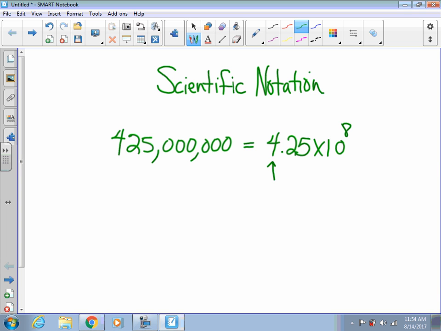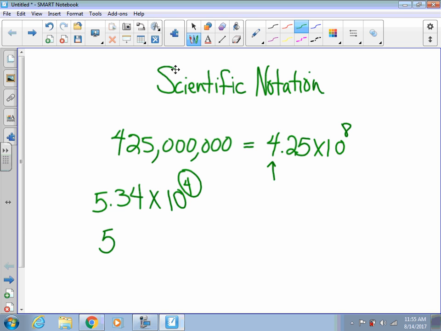So if we were going to take a number, for example, like 5.34 times 10 to the 4, that's already in scientific notation because there's only one number to the left of the decimal, and it's being multiplied to a power of 10. If we want to put that in standard form instead of scientific notation, we would move the decimal the number of places of the power. Okay? And we're going to move it to the right.